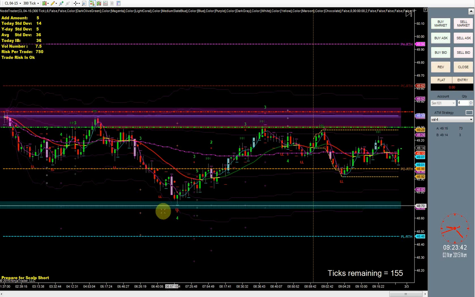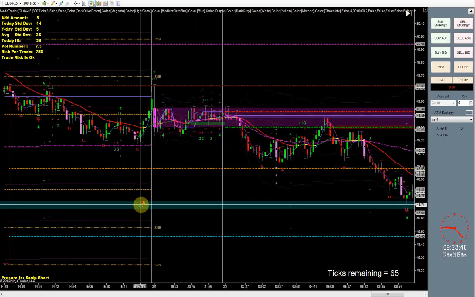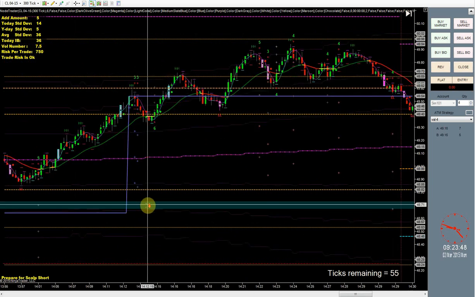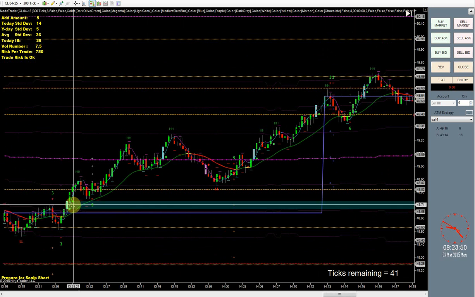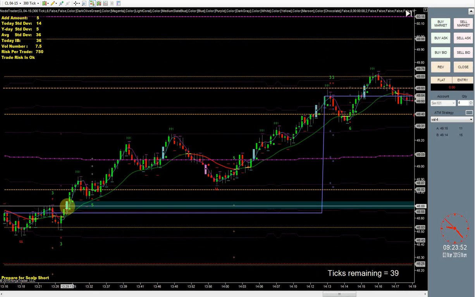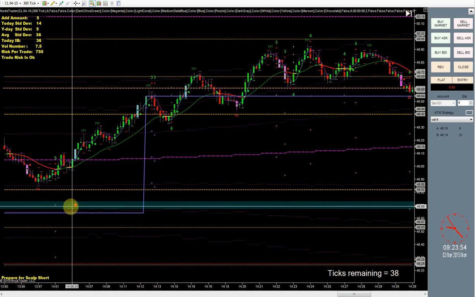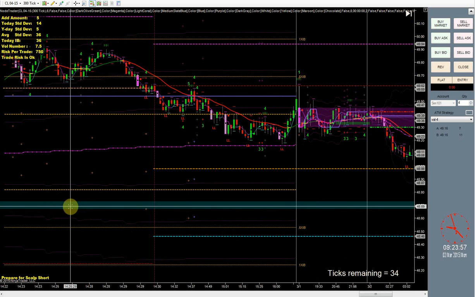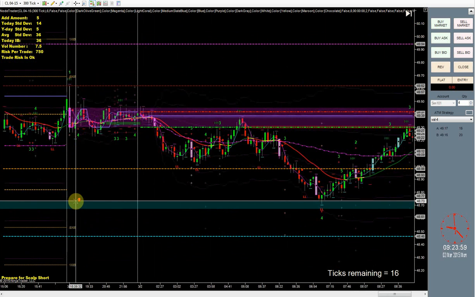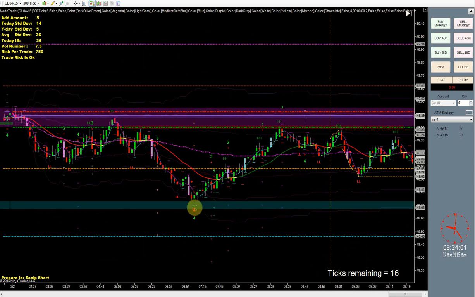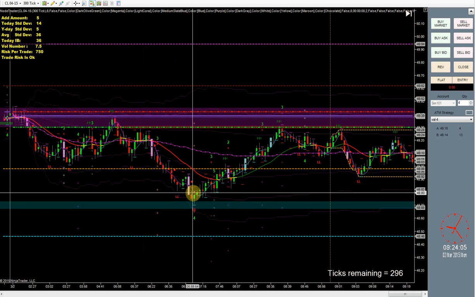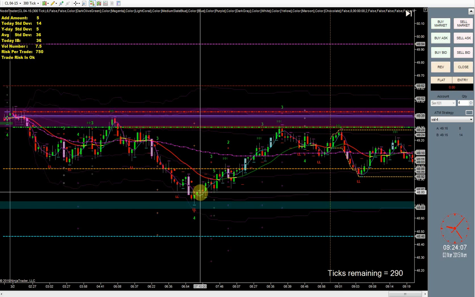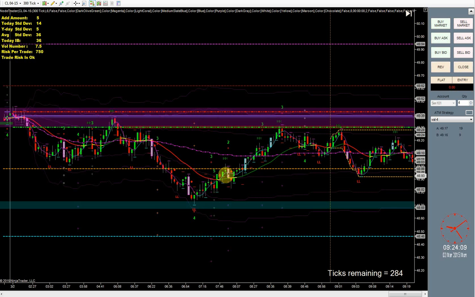We were in this buy zone, so this is a buy zone trade, and we know that because it's beneath the market and also by the color, but you can just go back and check that. The market came down to that buy zone, gave us this zone trade right here. Would have got filled.